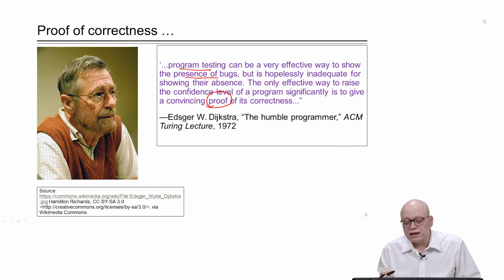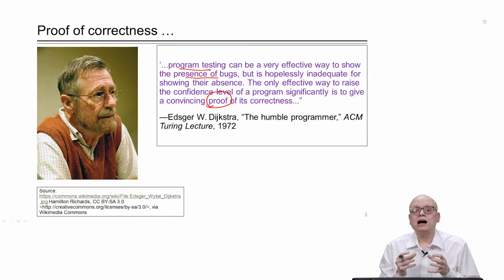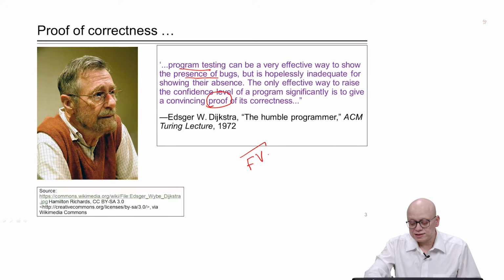So, the only effective way to raise our confidence is to take a hardware model and prove its correctness using some mathematical tools, and the mathematical tool that we take help of is the formal verification tool, as we will see in today's lecture.